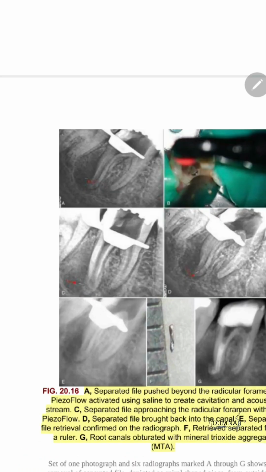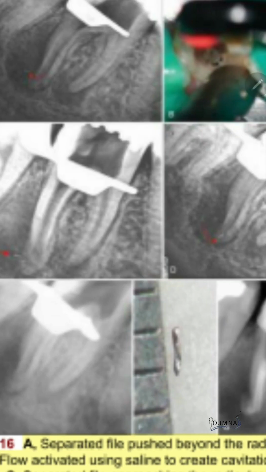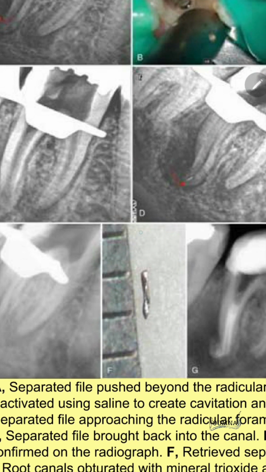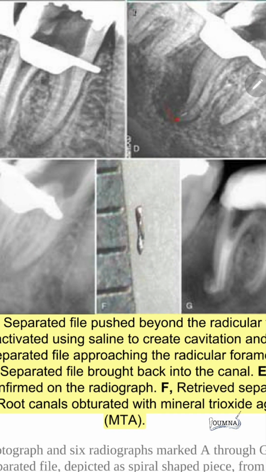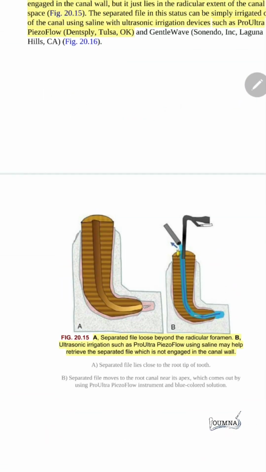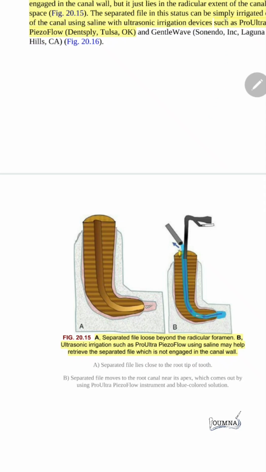Here we can see that this file was out of the canal. When we did the activation, the negative pressure pulled the file inside the canal, and we did it another time until it was out of the canal, like this illustration.